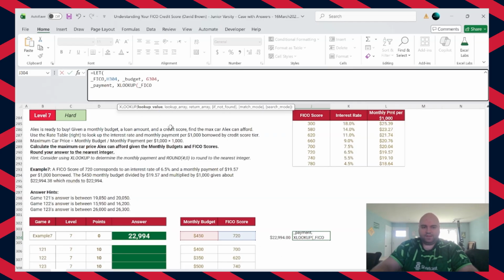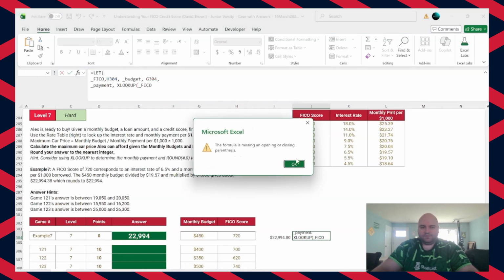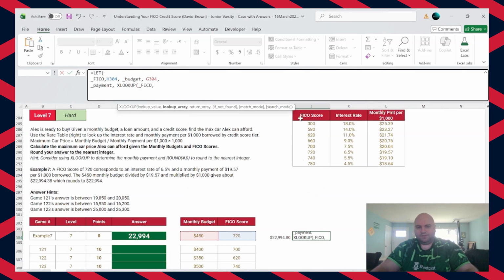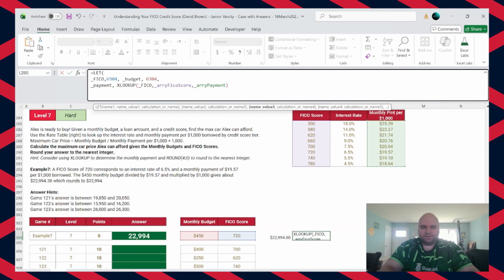Our FICO score, and we want to call this payment per 1K.